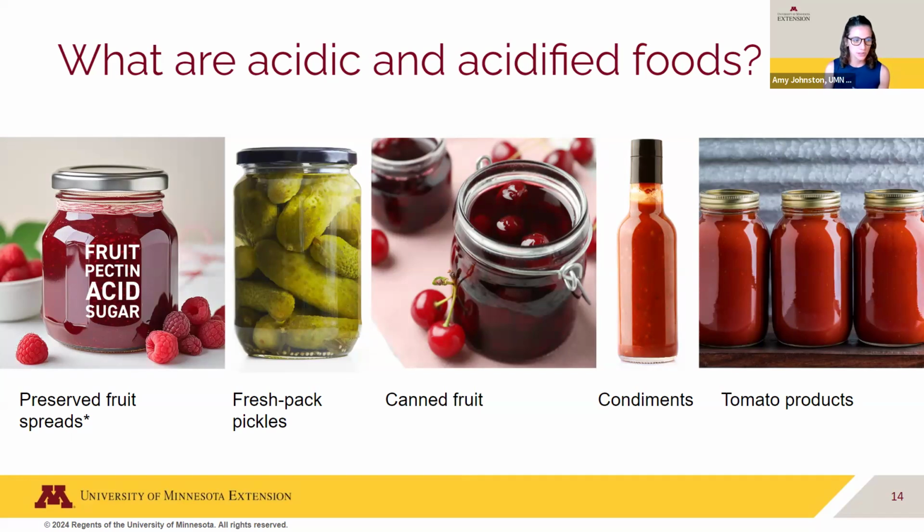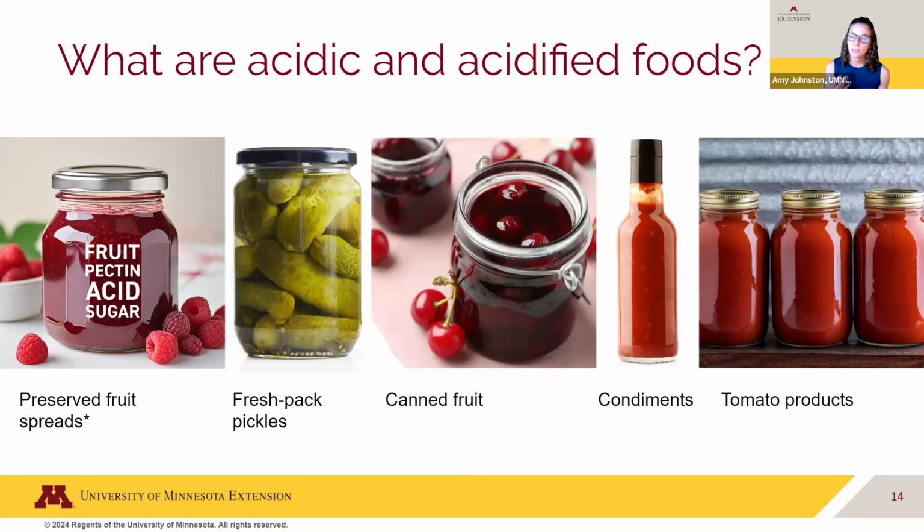Pickled produce, such as the quick process or fresh pack pickles, for all types of produce, not just cucumbers, which is in the image. But then we have our canned fruits. Like I said earlier, many fruits are naturally acidic, and if not, many can be acidified.